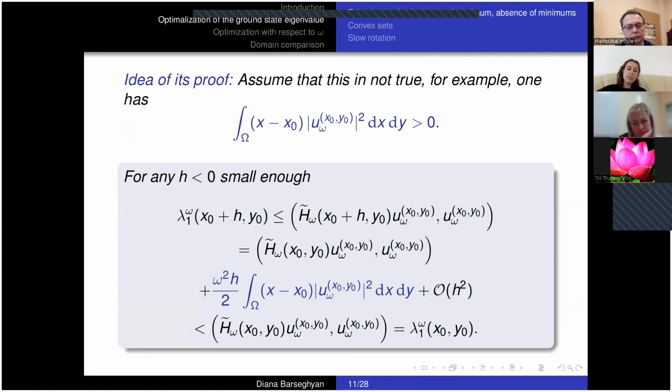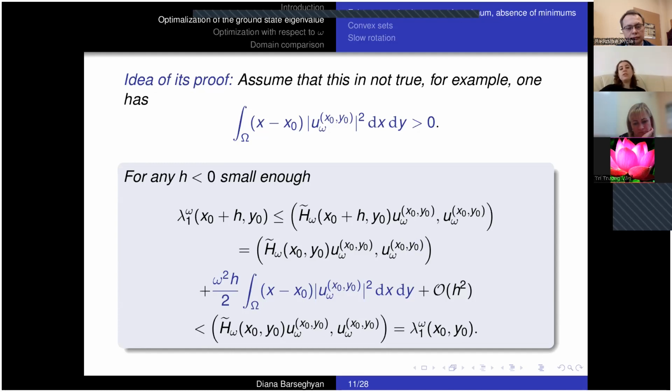So let this integral be positive. And in this case, we choose a negative small enough number h, and then look at lambda 1 omega at the point x0 plus h and y0.